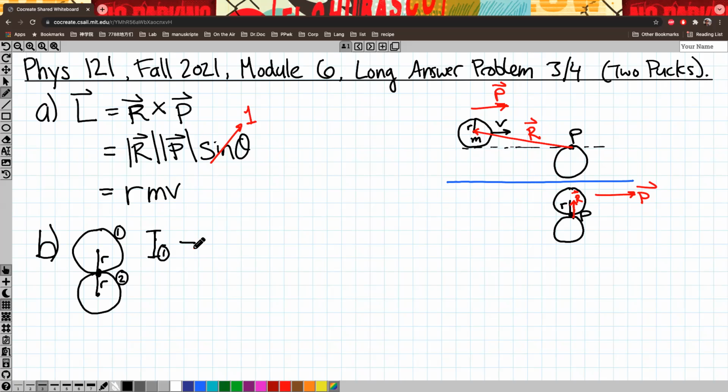Okay, hold on. So the moment of inertia of puck one is equal to the moment of inertia of puck one around the center of mass plus the parallel axis theorem. Right? What am I going to get from the parallel axis theorem?